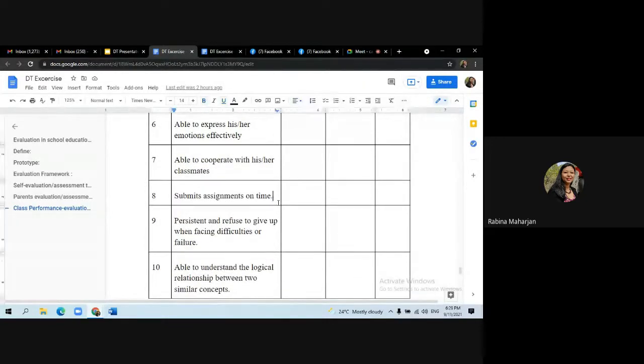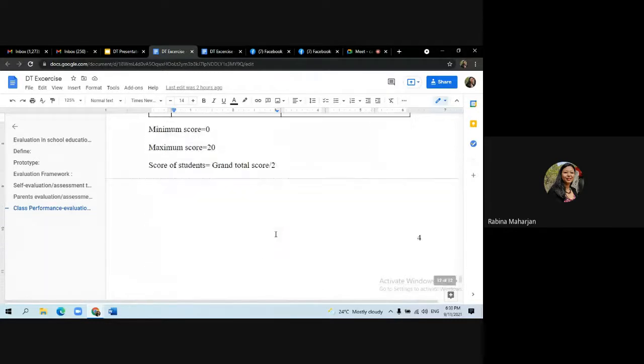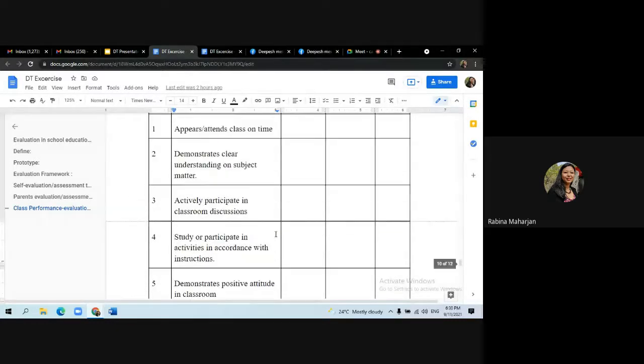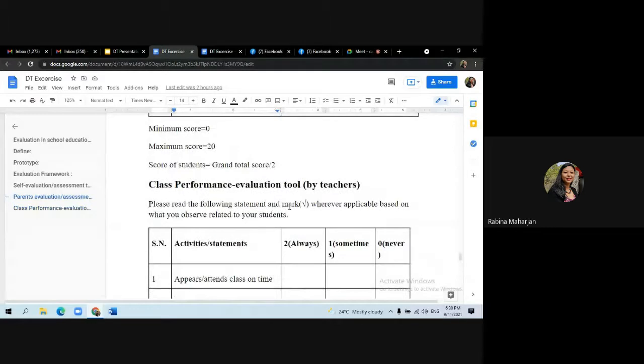And able to cooperate with his or her classmates, since cooperation and collaboration are 21st century skills. These skills are necessary for the overall growth of the child. So we have considered this aspect too, and submitting assignments on time. And like this, we have made assessment tools for classroom performance also.